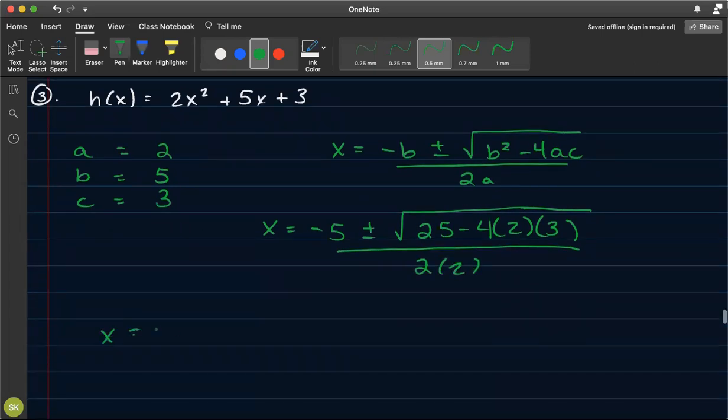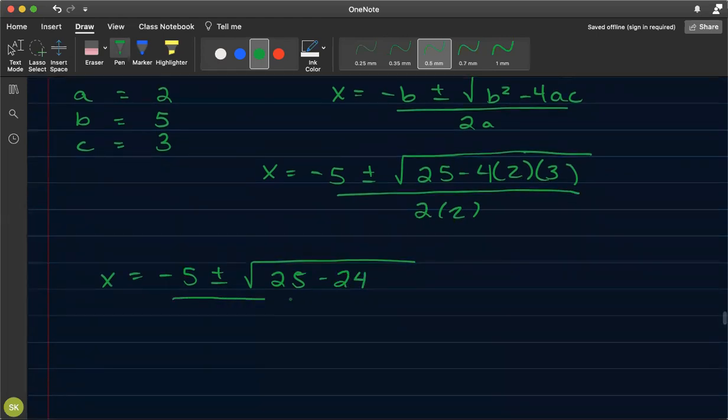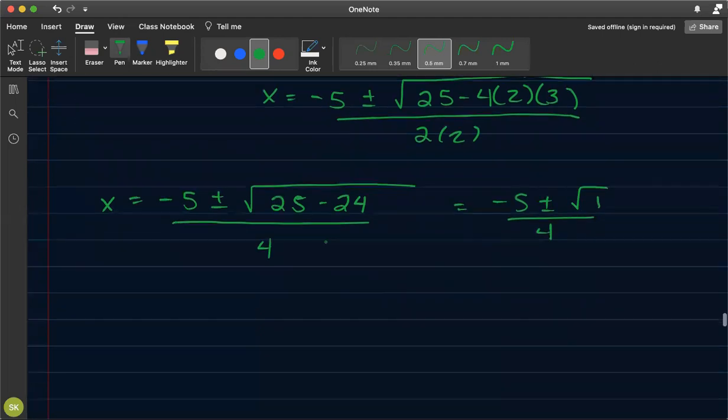So I get x is equal to negative 5 plus or minus the square root of 25. Okay, let's be careful here. So we have 6, and then we have a 4, so I think that's 24, divided by 4. So we get negative 5 plus or minus the square root of 1, over 4.